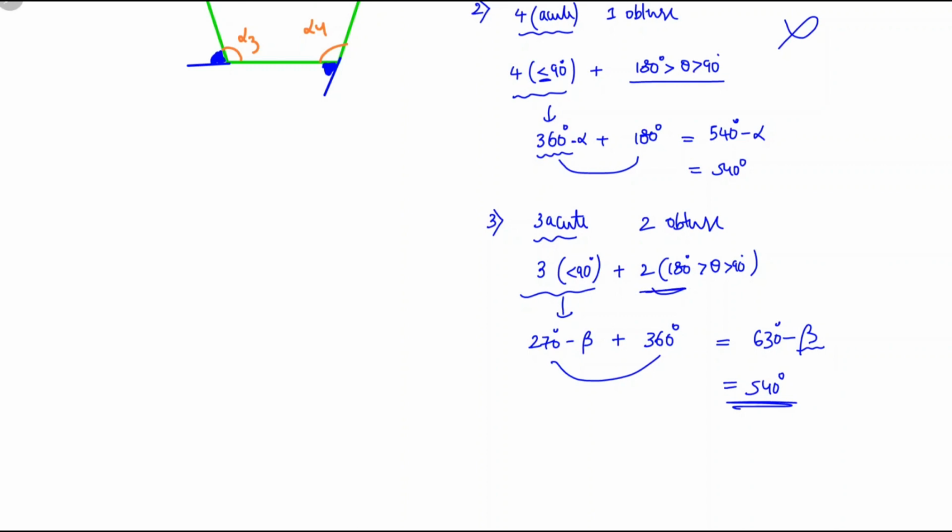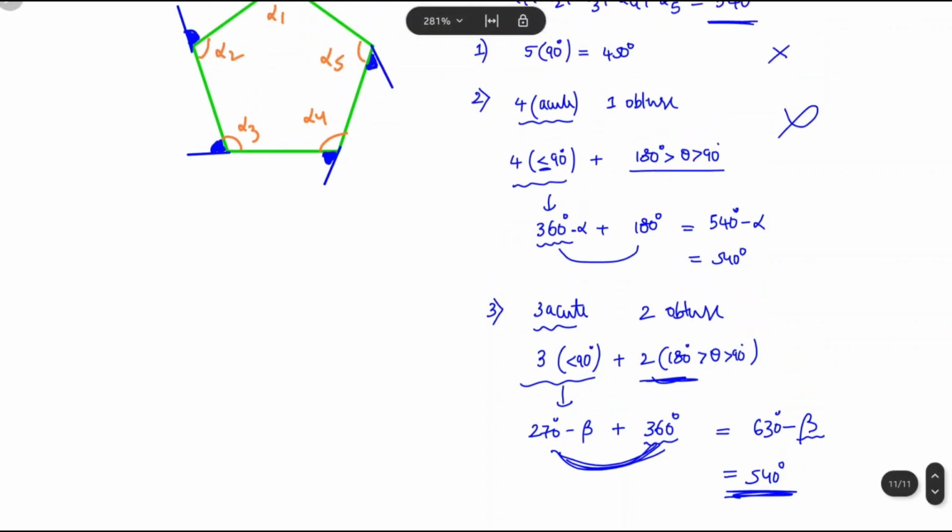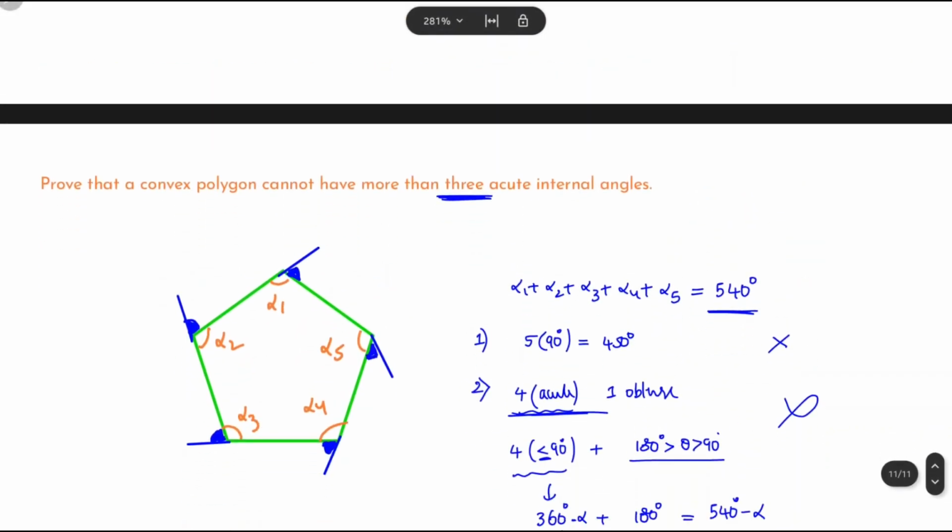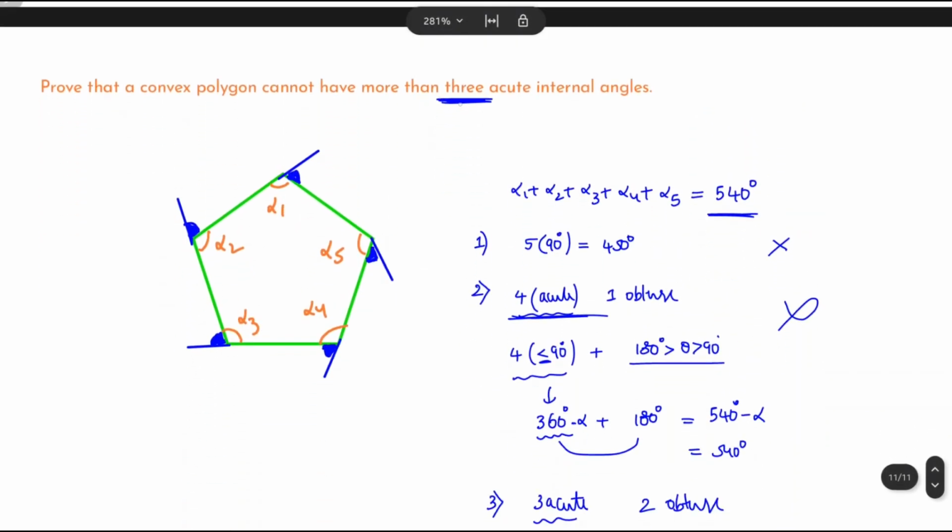Although the limiting case here 180 won't be possible, the sum won't be 360 and it can be adjusted, and we can say that 3 acute angles and 2 being obtuse is a possible case. But if we take more than 3 acute angles, we have seen that it is not possible. Hence we can say that in a polygon it cannot have more than 3 acute interior angles.